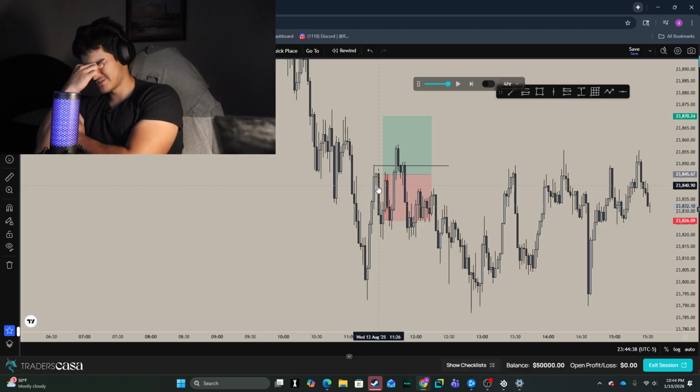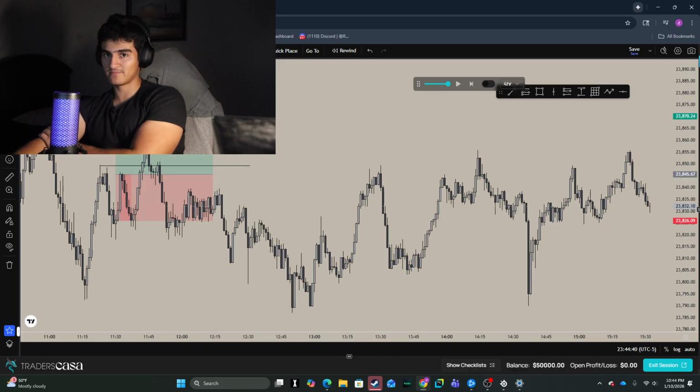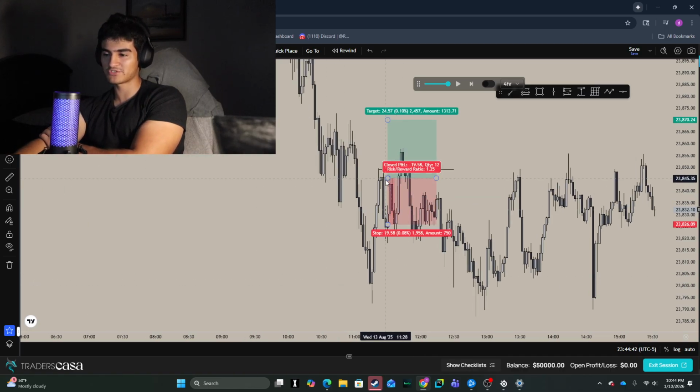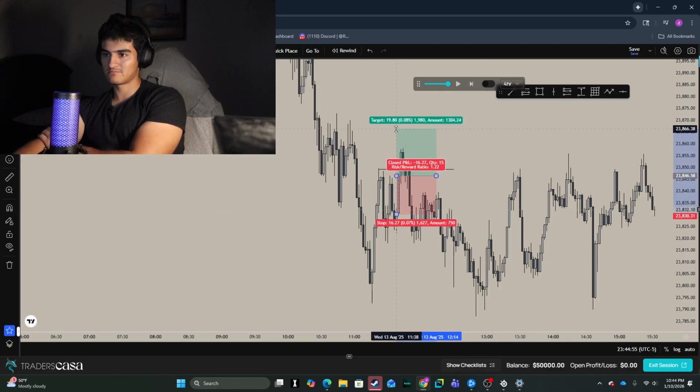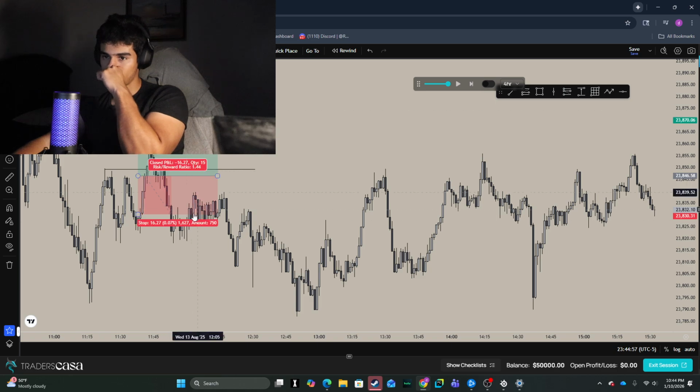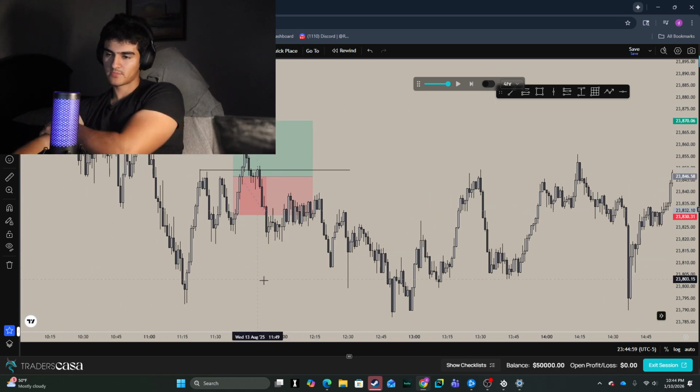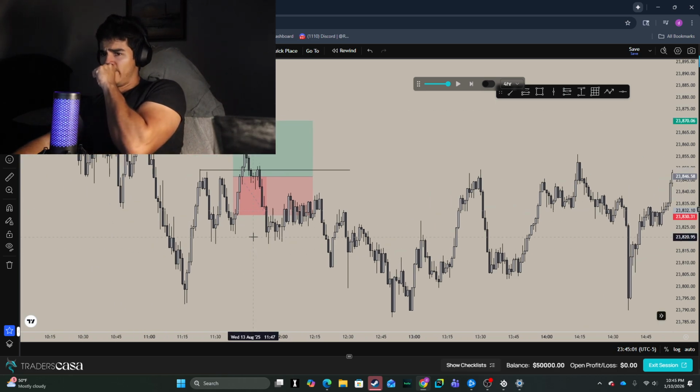I forgot to check the time frames. It looks so good on the 1 minute that I forgot. We were still inside this 2 minute bearish gap here. We did not inverse that 2 minute, so the entry would have been right there. It would have been a break even anyways.